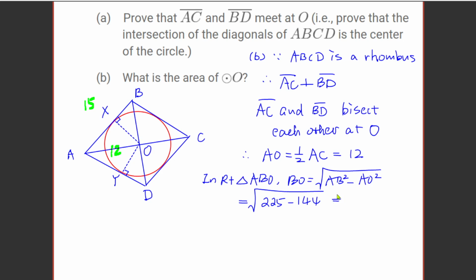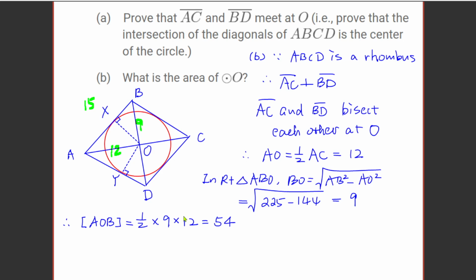And that's 81. The square root of 81 is 9. So BO equals 9. So the area of triangle AOB is given by a half of 9 times 12, which is 54, right?